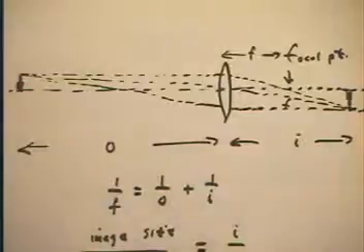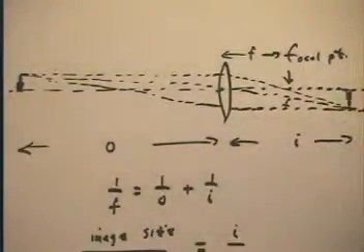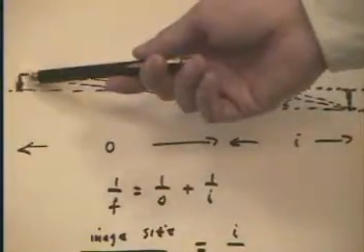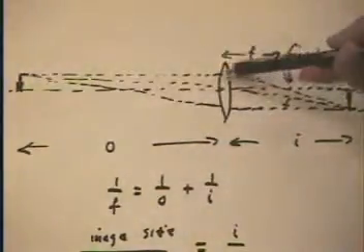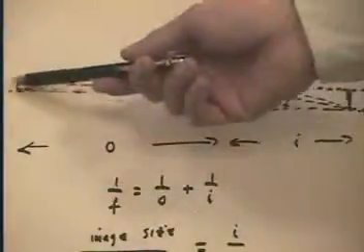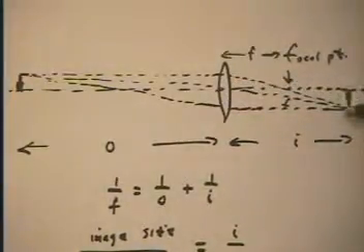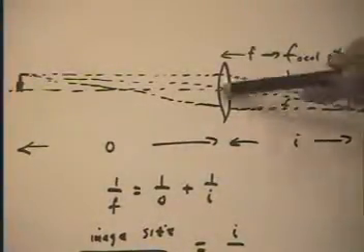Another thing that we can get looking at similar triangles, and we can see the triangles here fairly easily, if we take a triangle from here straight over to the lens, down, and back to the candle point, and then we take the triangle from here over to the image, down to the candle point, and back.